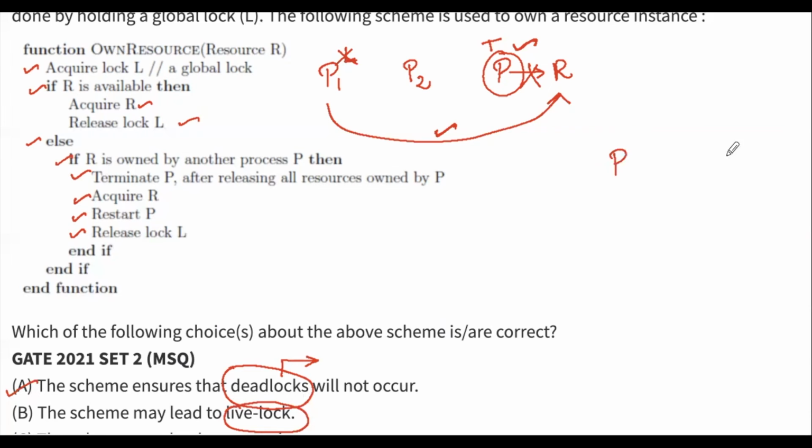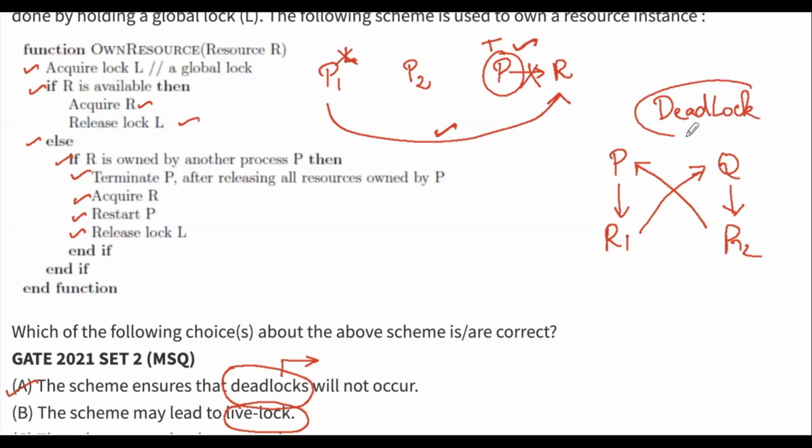Here there are processes P and Q. Process P holds resource R1 and process Q holds resource R2. Then process P requests R2 and process Q requests R1. So this is the deadlock. Here no state changes will be there.